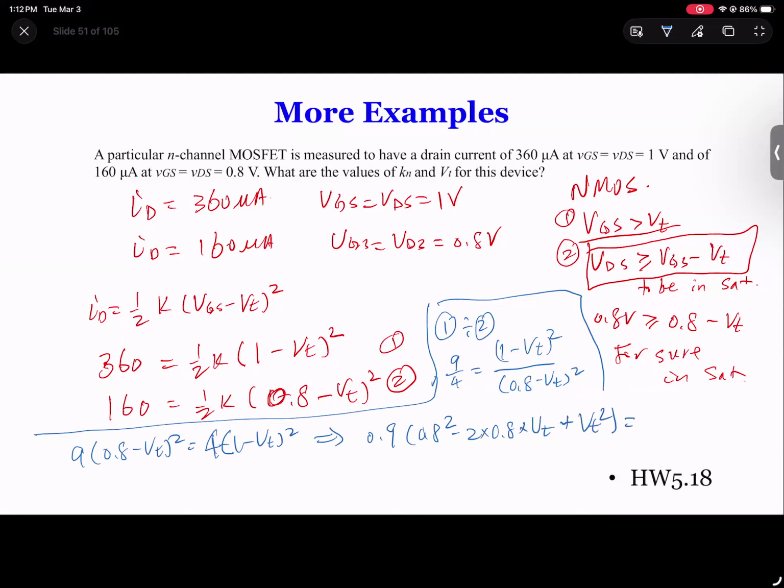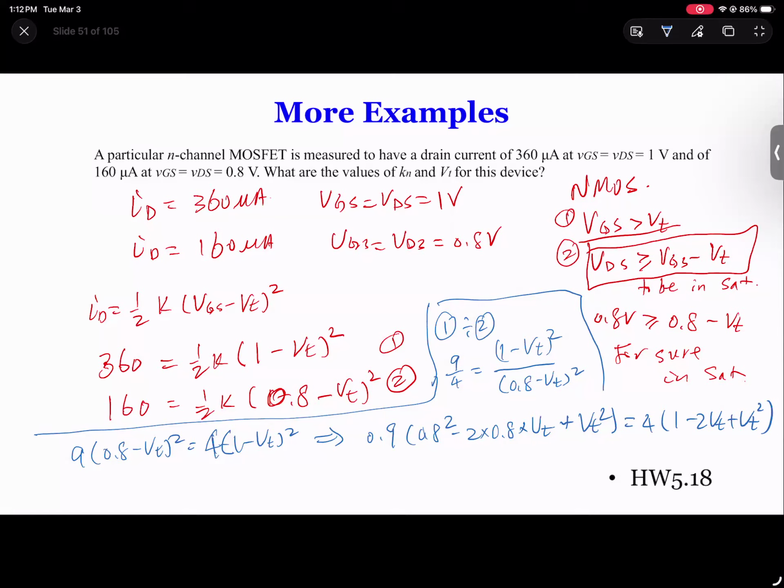squared equal to the other side, 4, 1 minus 2 VT squared, right? So basically, the reason I do this is VT squared.